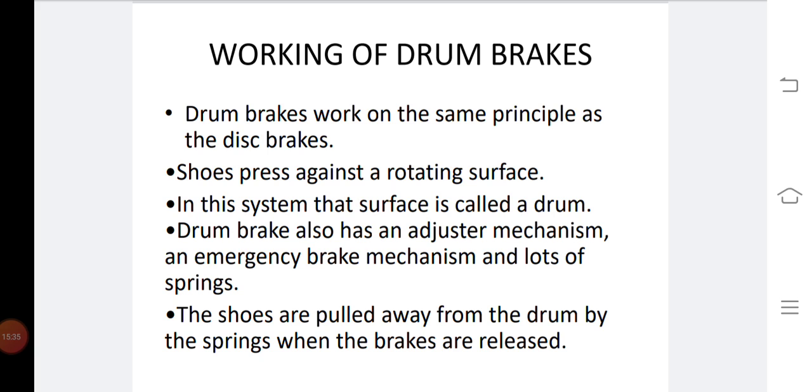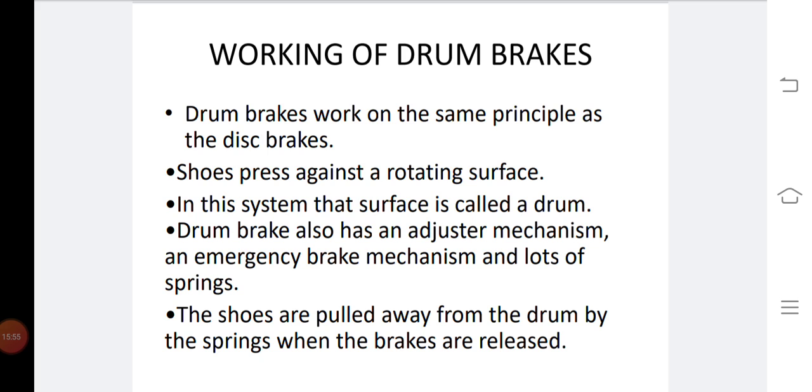And one disadvantage of this two leading shoes type of braking system is that unless a special double acting linkage is incorporated, both shoes change to trailing shoes during the backward movement of the car.